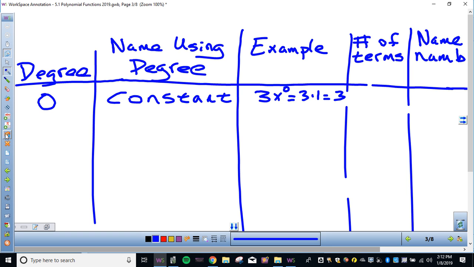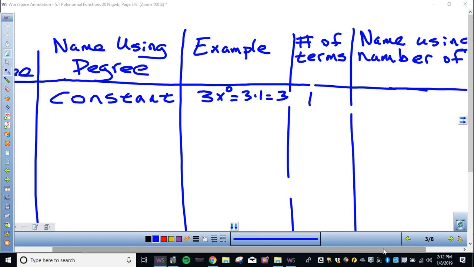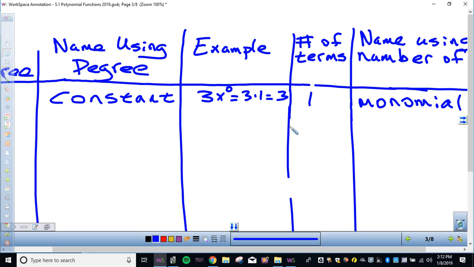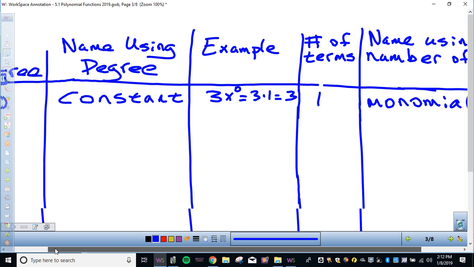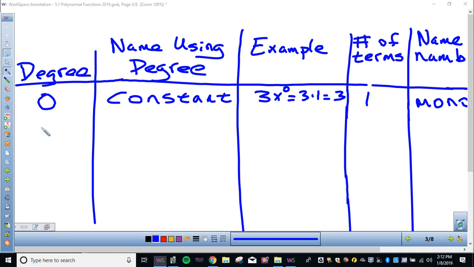Number of terms here, it was 3 originally, so that's one term. One term is called a monomial. If I have a degree of 1, does anyone know what it's called?